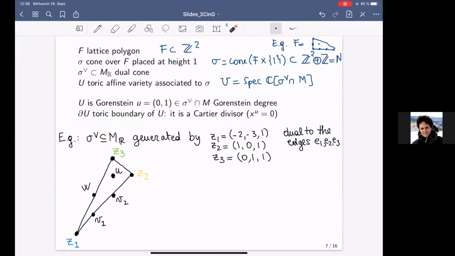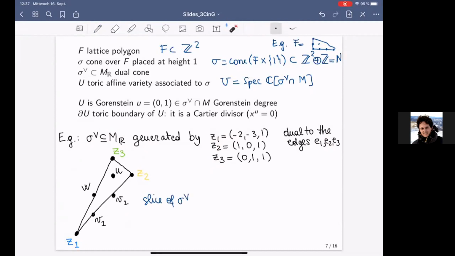In the situation of my example, basically I find that sigma dual inside the dual lattice is generated by the following three rays, Z1, Z2, and Z3, which are orthogonal to the edges E1, E2, and E3. And here, this is just a picture of a slice of sigma dual.